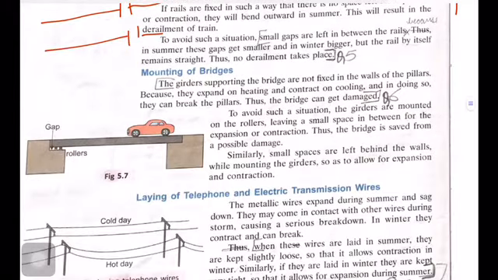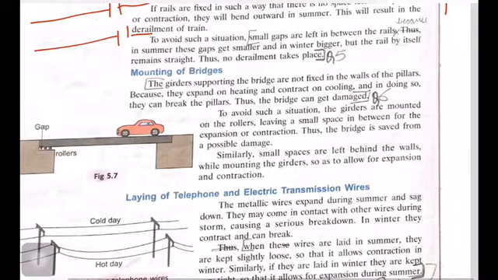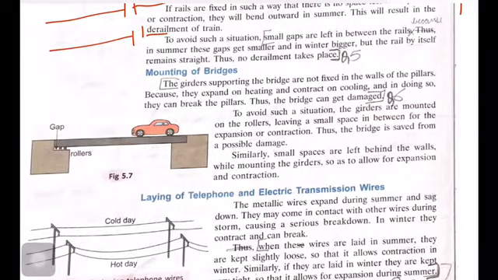Another application of thermal expansion is mounting of bridges. In bridges also you can see some gaps are being left. The girders supporting the bridge are not totally fixed in the walls of the pillar.